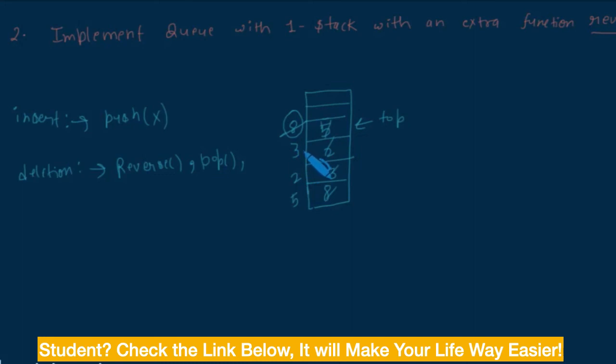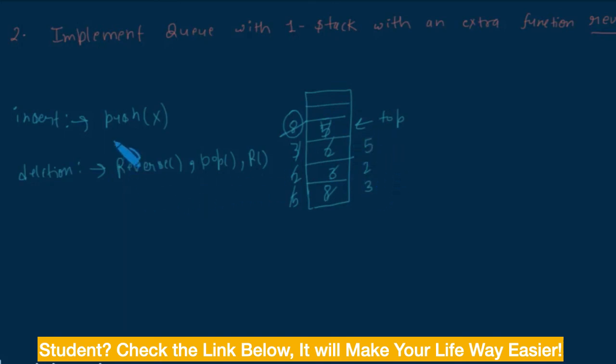But if you want to insert something else, you have to leave this stack in its initial state. So you will call the reverse function again and it will reverse the order of the elements again. Now you can see this is the correct order of the elements that should be in the stack.